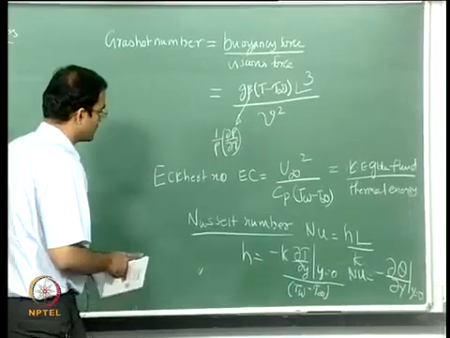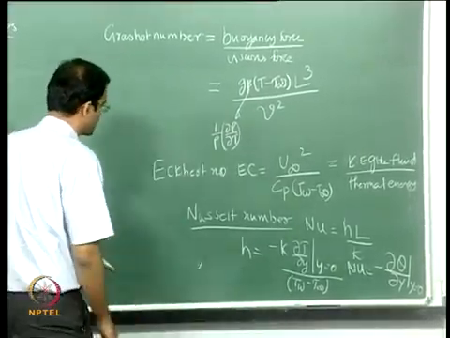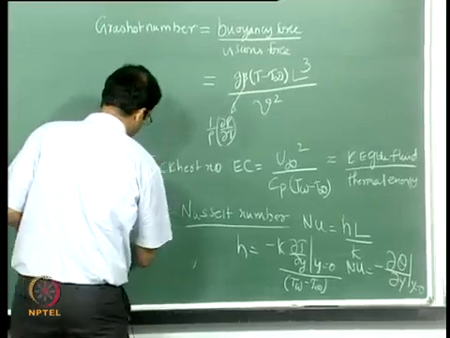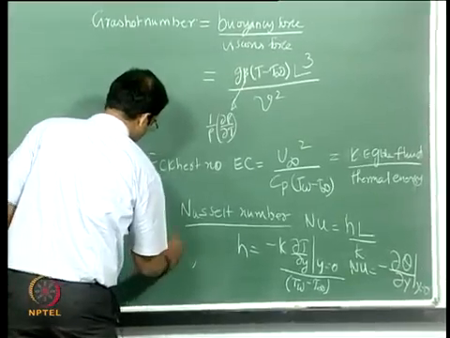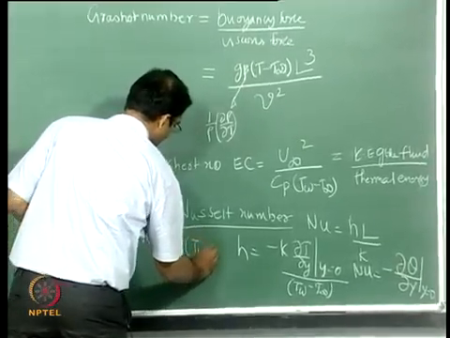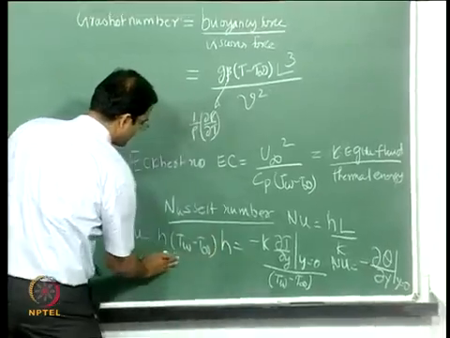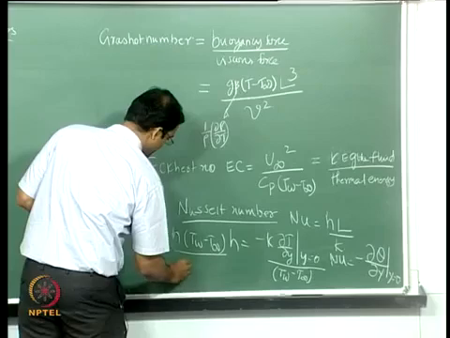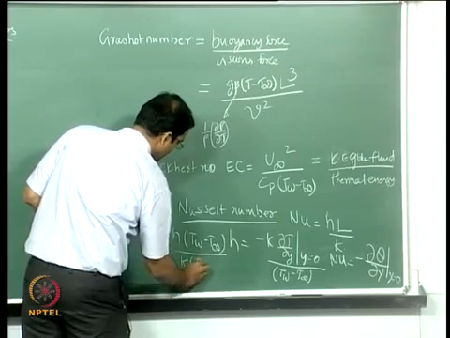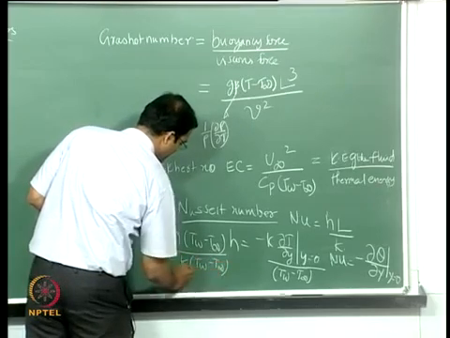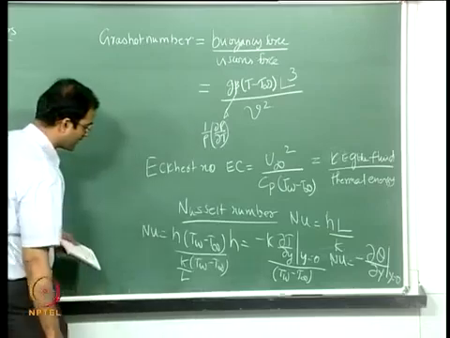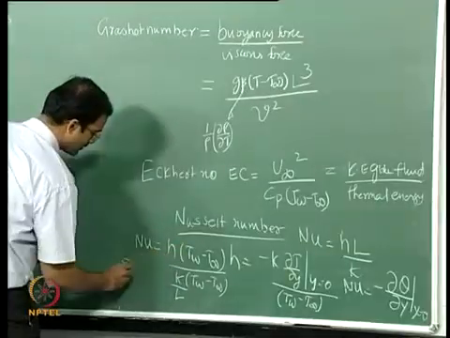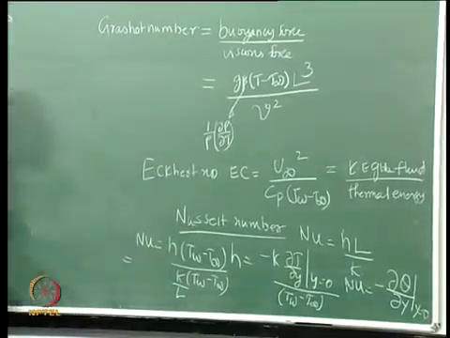And if you look at the physical significance of the Nusselt number, you can multiply the numerator and denominator by T wall minus T infinity, and you can write this as k into (T wall minus T infinity) by L. So what is the numerator here?